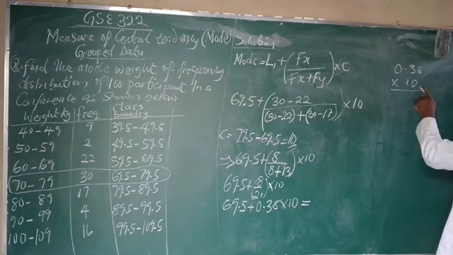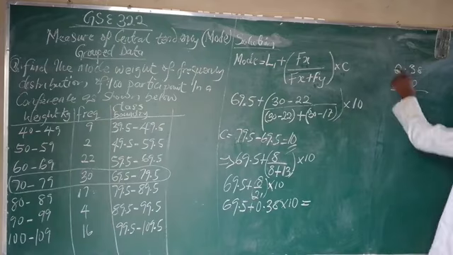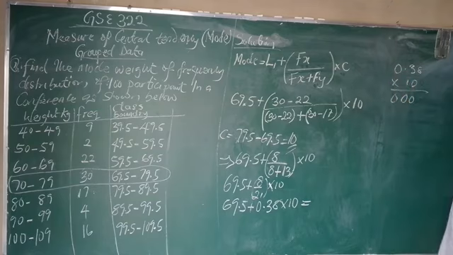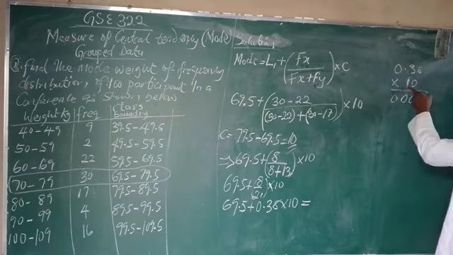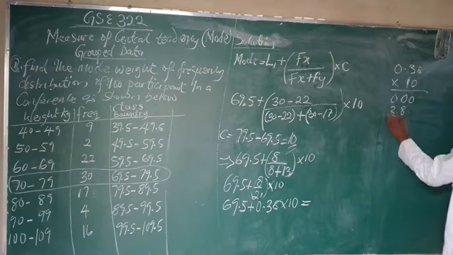0 times 8 is of course 0. 0 times 3 is 0 also. Then 0 times 0 is also 0. Then we take the second one, which is this one. We say that 1 times 8 is going to give us 8. Then 1 times 3 is of course 3.